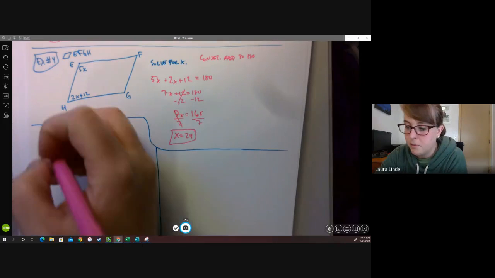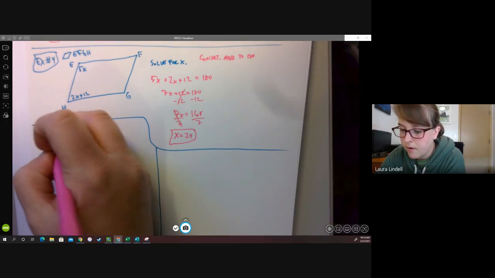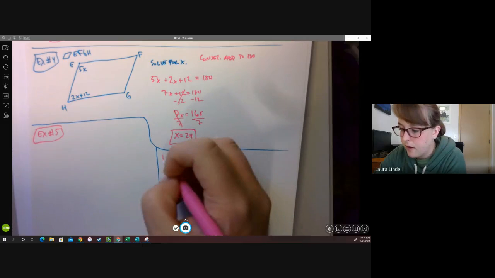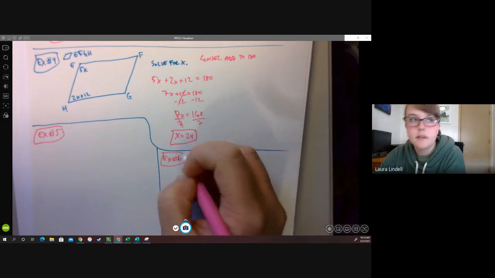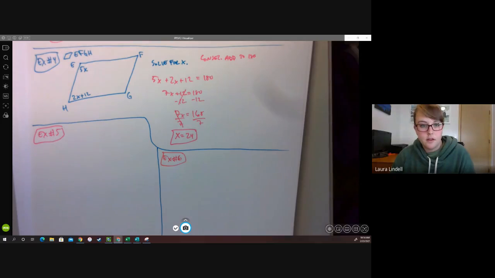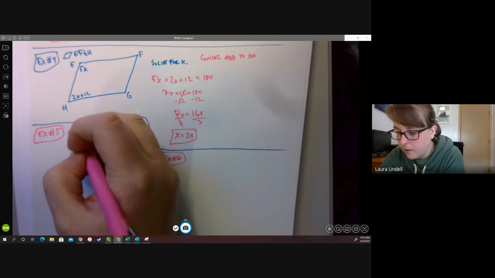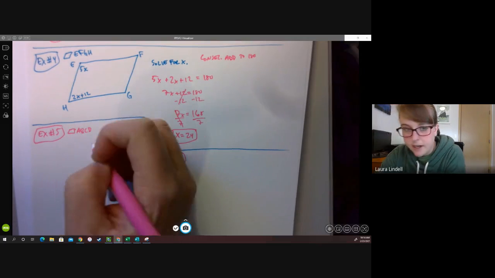All right, so we got example 5 and example 6. Okay, example 5, we have parallelogram ABCD again.